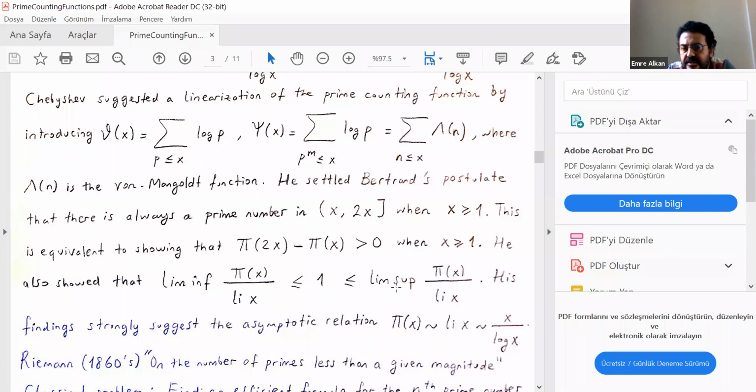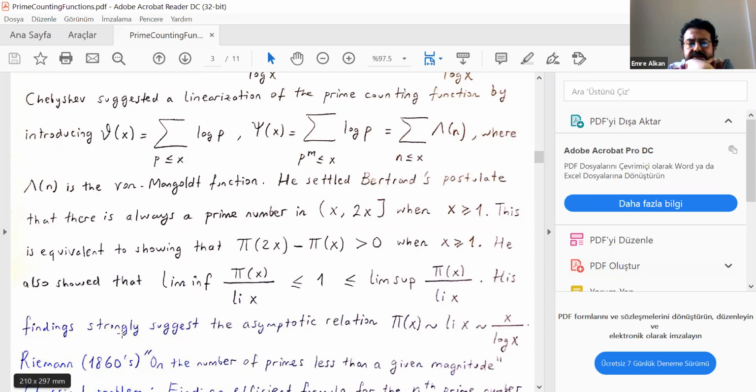They always exist, okay? The limit may not exist, but these always exist. Chebyshev really showed that lim sup of pi x over Li x is greater than or equal to 1, and lim inf of that is less than or equal to 1. So if there is a limit, then it has to be 1. This definitely shows that if there is a limit, it has no other choice, it has to be 1.